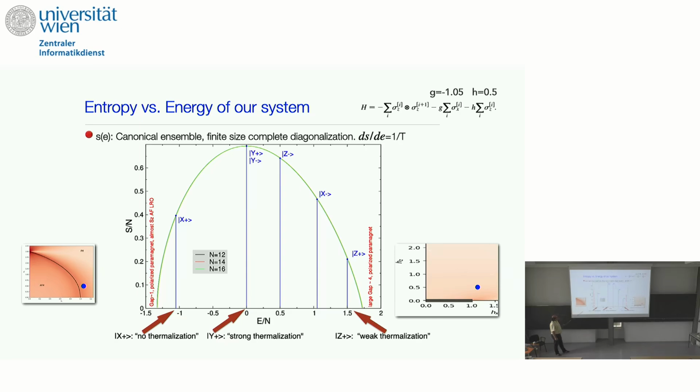Something which I find interesting to note is that for this Hamiltonian, the sign of the Ising interaction actually matters, because depending on which side of the spectrum you are, it determines whether you're favoring ferromagnetic or antiferromagnetic interactions.